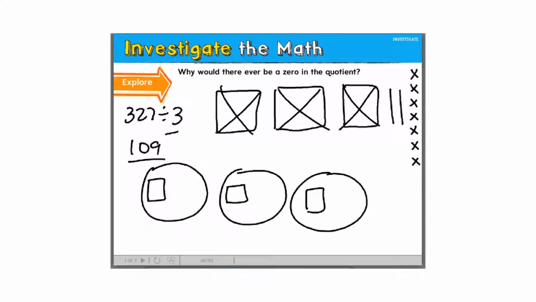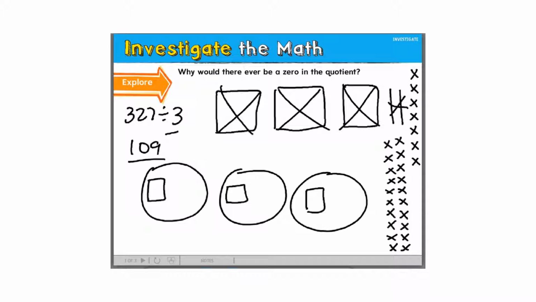Now how many tens do I have? How many tens do I have, Nolan? 2. Is that enough to distribute amongst 3 circles? No. So here's where my 0 tens comes in. Because now I'm going to take these 2 tens and make them 1s. Aiden got it right.